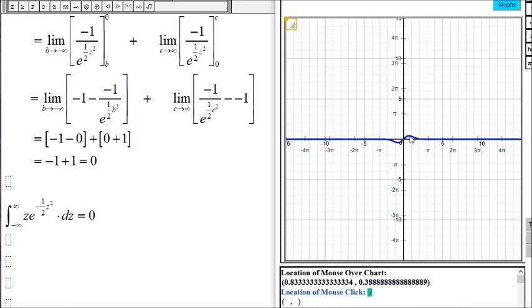So this is a positive area, this is a negative area, and we can see that they're the same. And that's why we end up with 0. So this area plus this area is equal to 0.